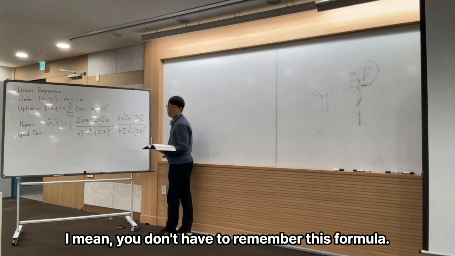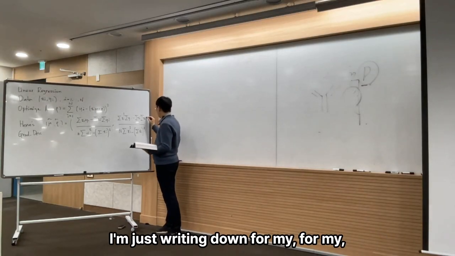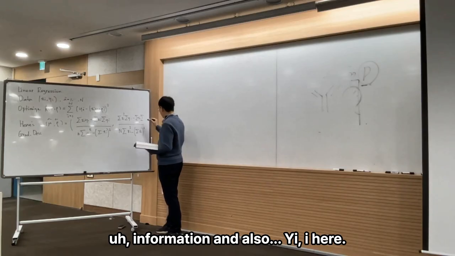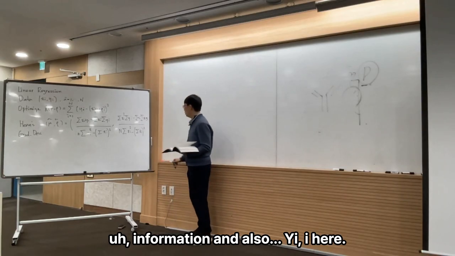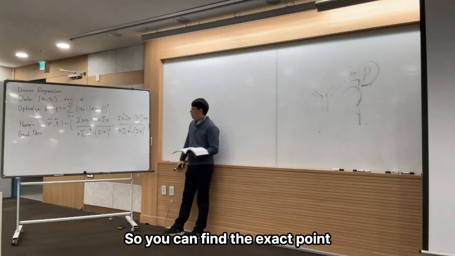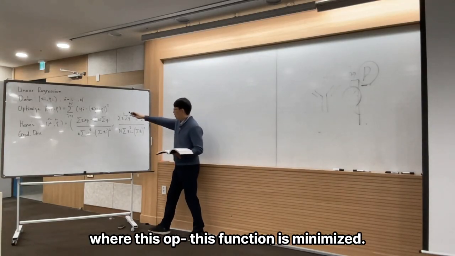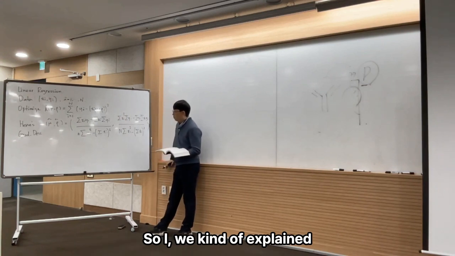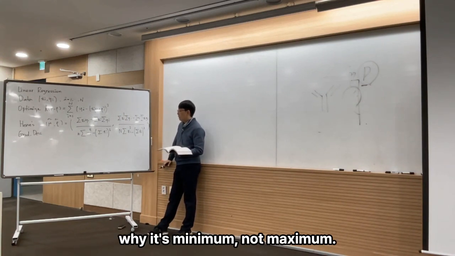I mean, you don't have to remember this formula. I'm just writing it down for my information. So you can find the exact point where this function is minimized. We kind of explained why it's a minimum, not a maximum.